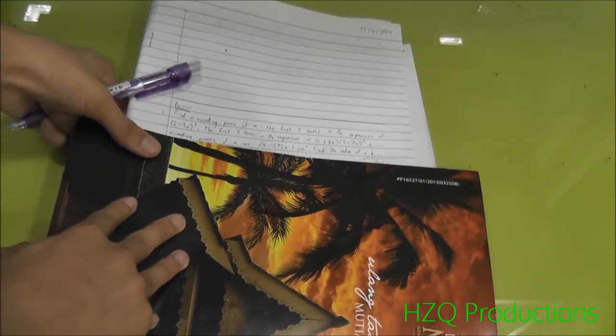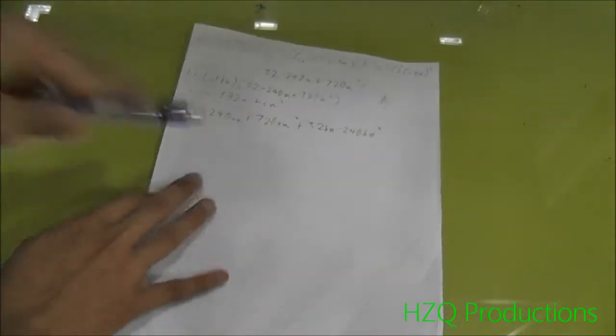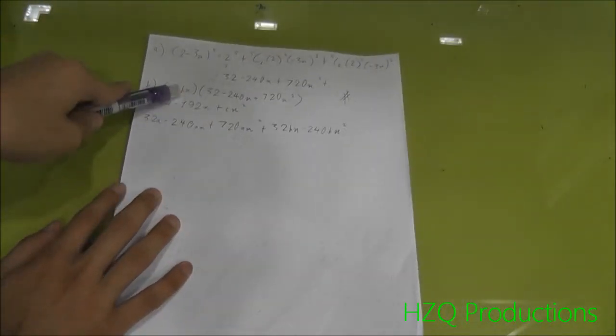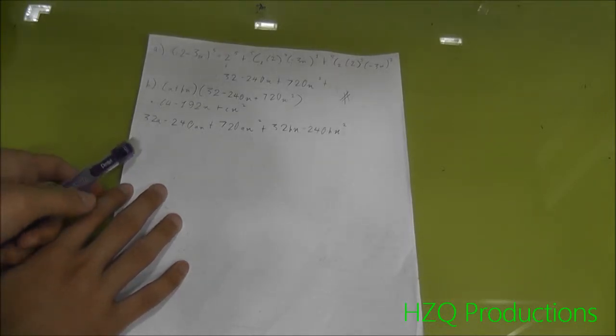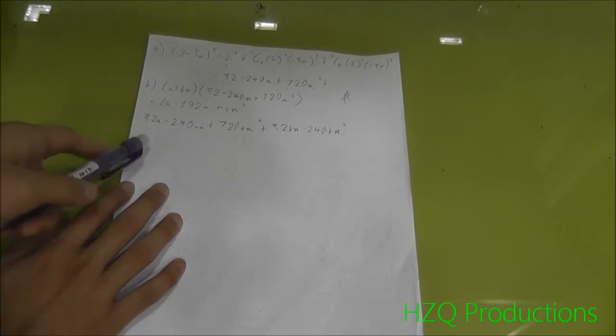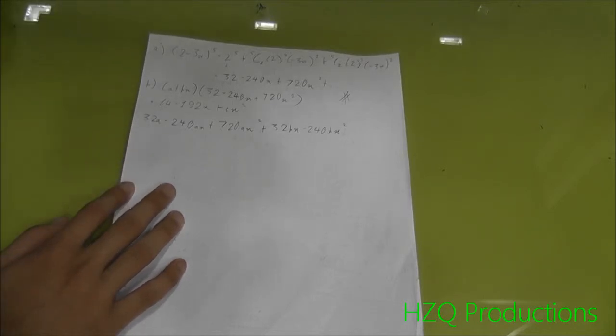So if bx multiplies 720x squared, you are going beyond the third term. It's already finished, because you can clearly see the number of terms you have. You've got a, which is one term.